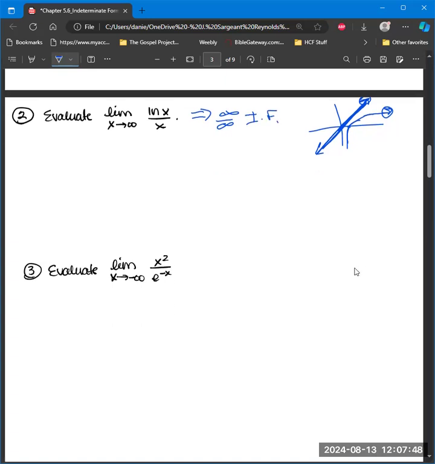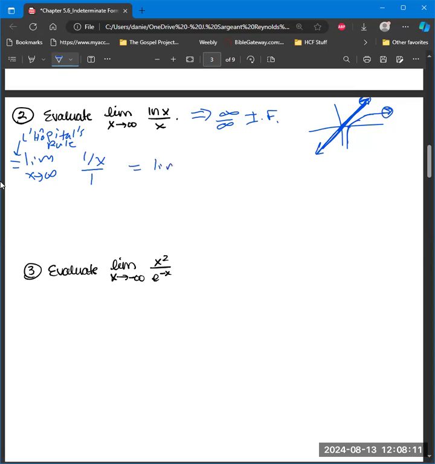So let's go ahead and apply L'Hopital's rule. Limit as x goes to infinity of 1 over x over 1.